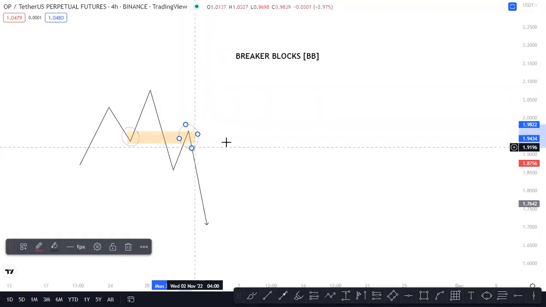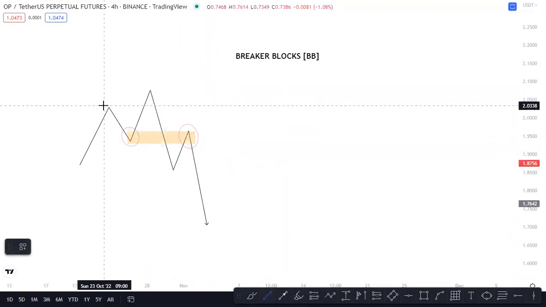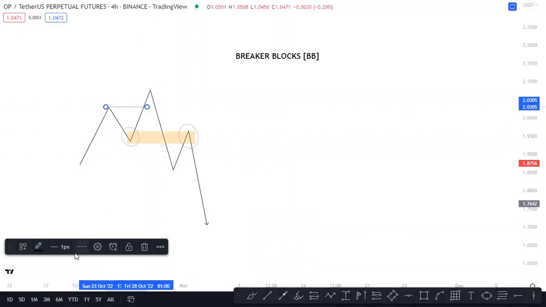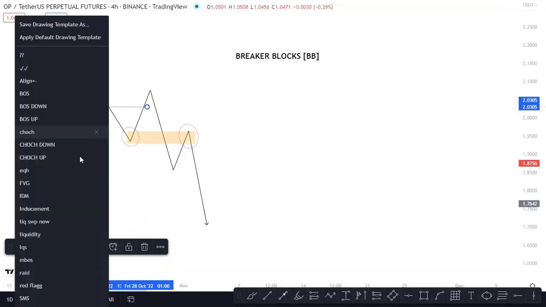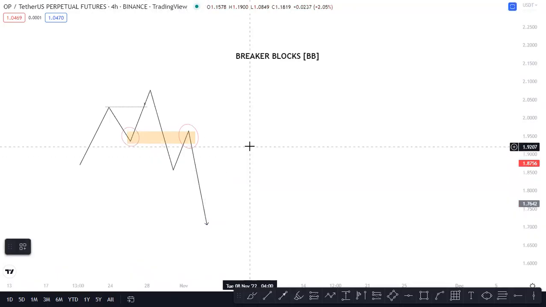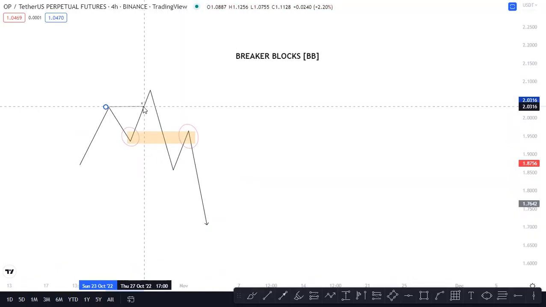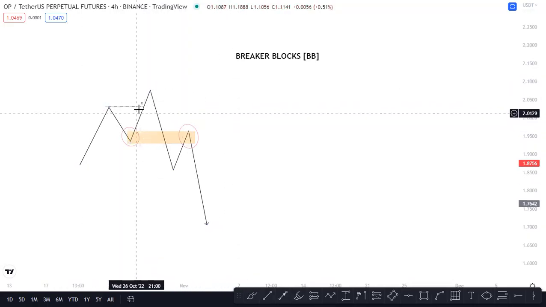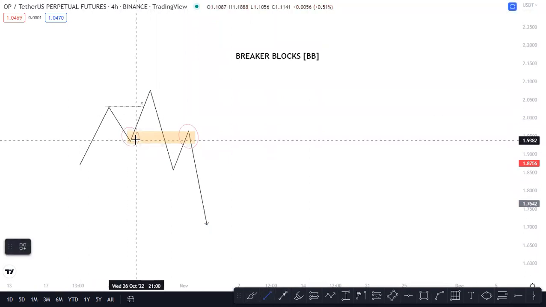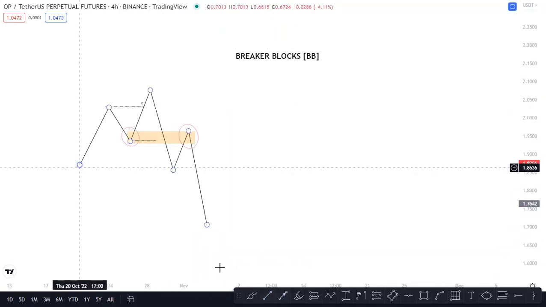Now we have price clearing liquidity. Remember, before these things occur, price must have cleared liquidity from this top. The liquidity here is from sell orders lying there. Price sweeps the liquidity lying at this point, breaks this low by clearing that order block, and we take out this low too.